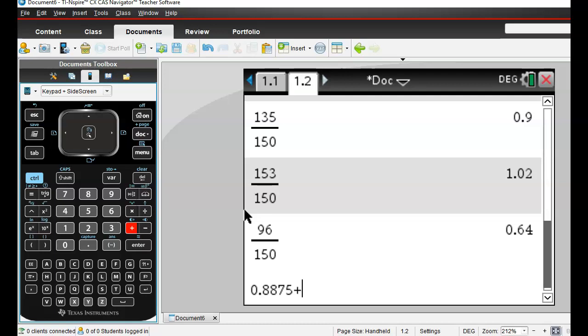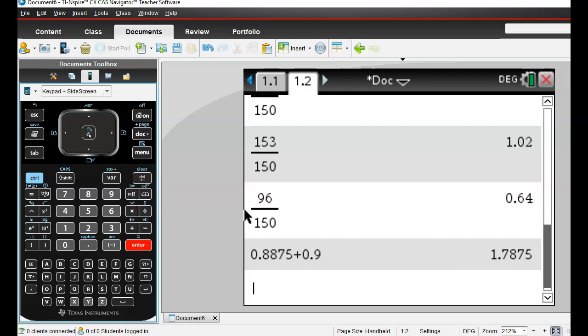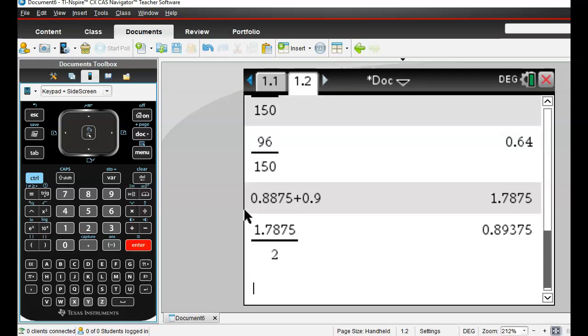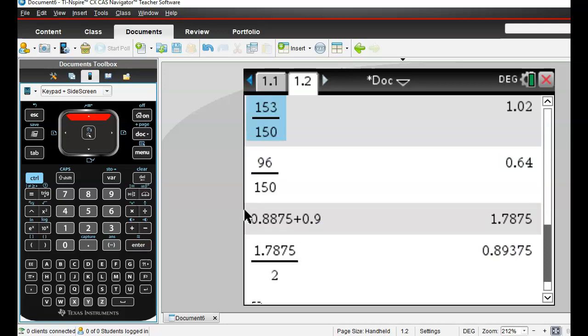Possibly the best way, because then you're not rounding until the very end. Then divide by 2. So that's 0.89375, which rounds to 0.89.